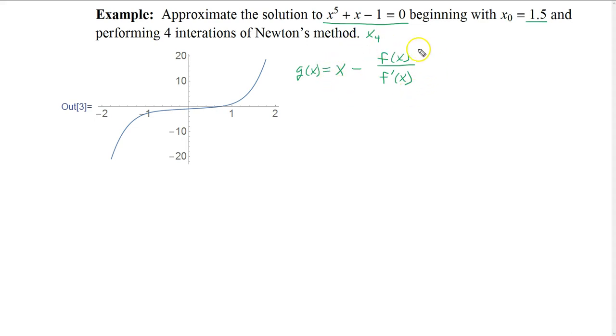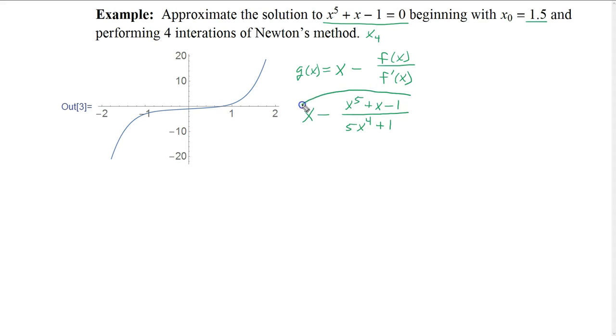What we're going to do is put this into our calculator, and I'll show you how to iterate this to obtain x1 and then x2 and x3 and so on. Now this function is going to be x minus, our function f, x to the fifth plus x minus 1, divided by our derivative, which is of course 5x to the fourth plus 1.